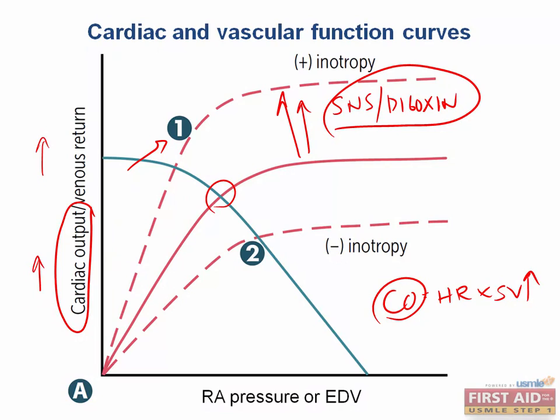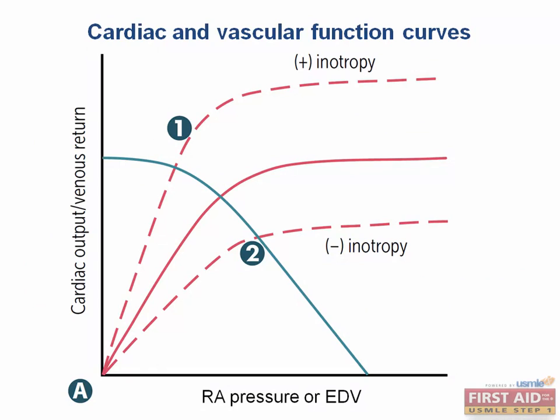But digoxin's main effect is increasing intracellular calcium by inhibiting the sodium-potassium ATPase on the basolateral membranes, therefore causing an increase in the ability to maintain higher levels of intracellular calcium, and that's how you get higher contraction.